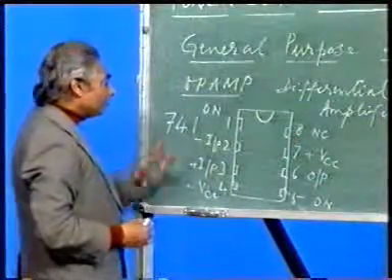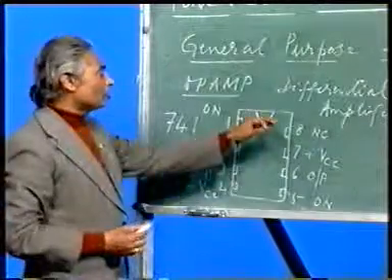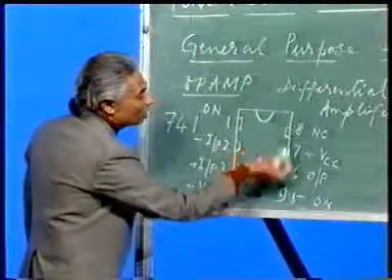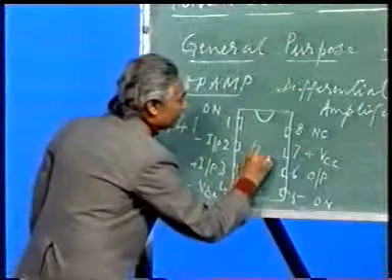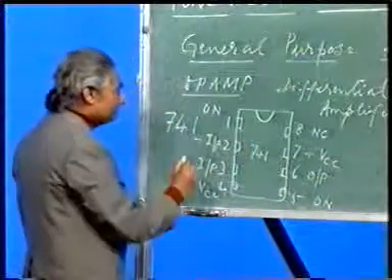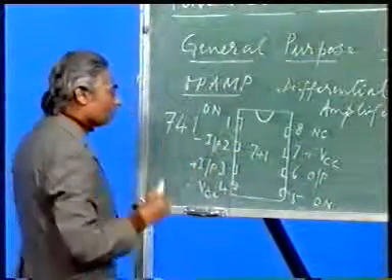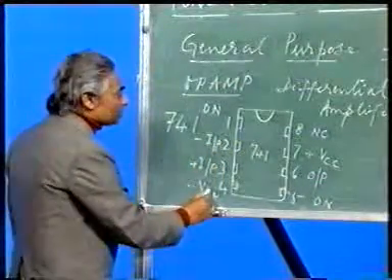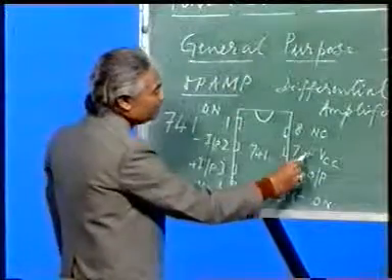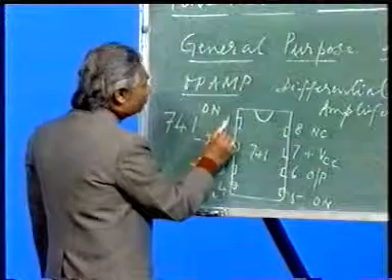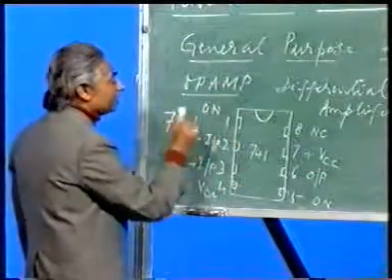Now I will try to explain what these inputs and outputs are. Of course the output is very clear, this will give you the output of the IC, which is 741. Now you clearly see that there are two inputs, one is the minus input and the other is the positive input. There are two supplies to it, minus VCC and plus VCC, and there is no connection on pin 8, and these two terminals 1 and 5 stand for offset null.